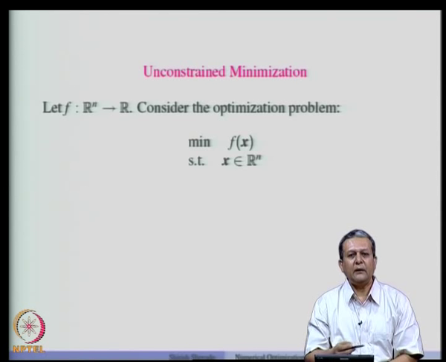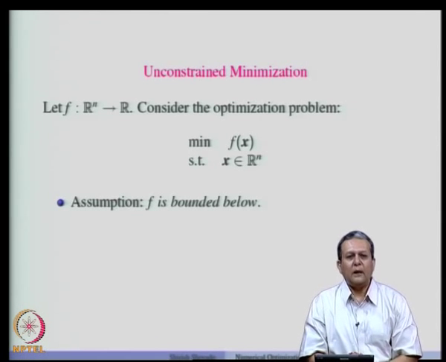Remember that the theory that we are going to study is equally applicable to unconstrained maximization problems. I will not spend any time discussing unconstrained maximization, because the ideas discussed here can well be extended to maximization problems.